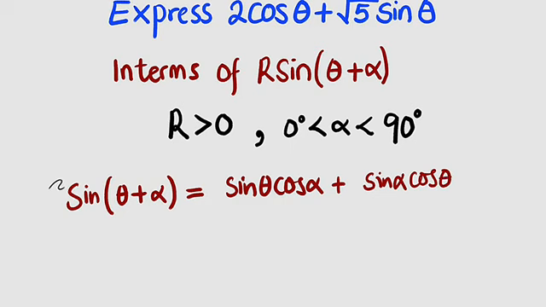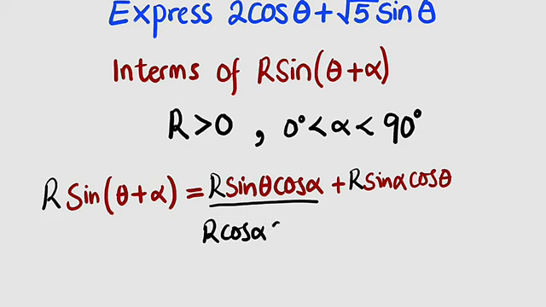But remember, we have r sine of that double angle, so we have to multiply everything by r. We can arrange this so we have r cosine alpha multiplied by sine theta, and this one remains the same, r sine alpha cos theta.